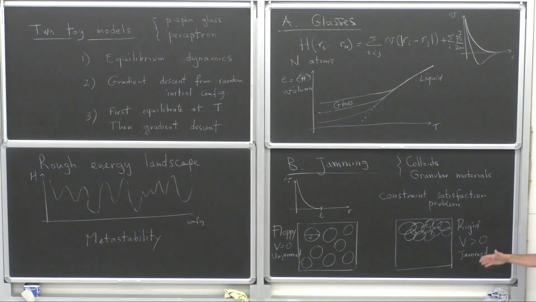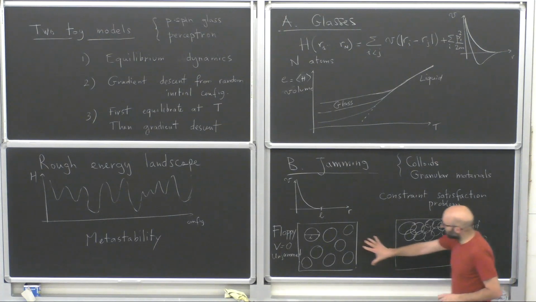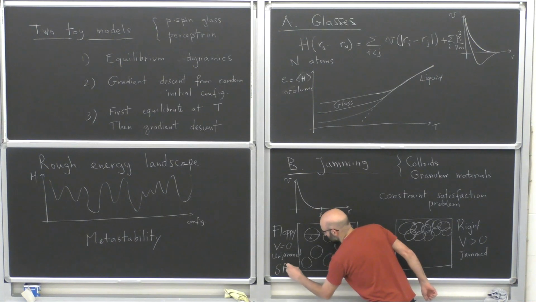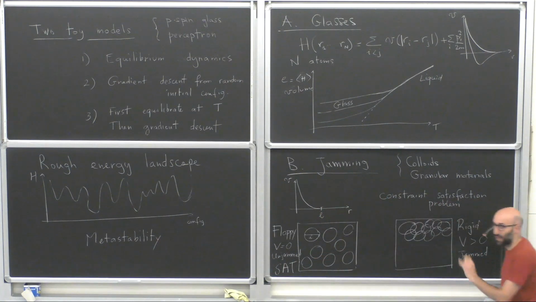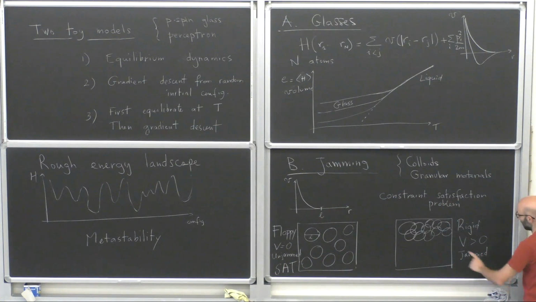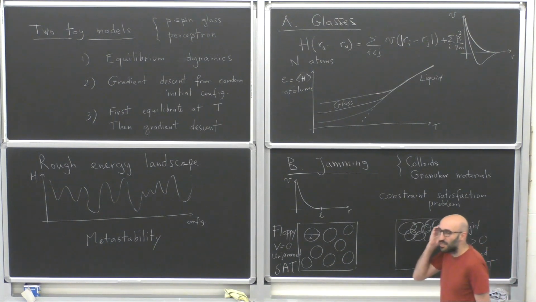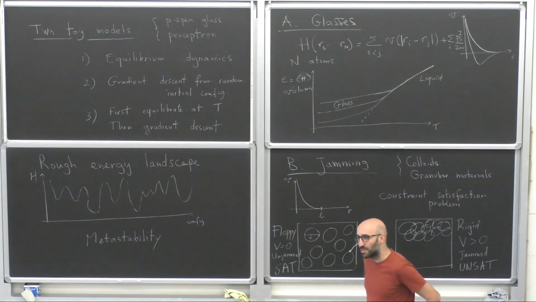And so depending on the density, here you can find the solution. So this case is called sat, or satisfiable. And this case, when the density is high enough, you cannot find the solution, so it's called unsatisfiable.